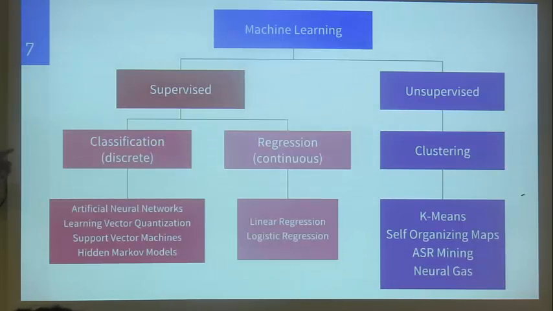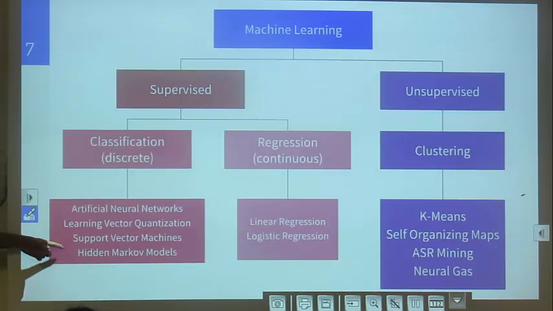So in supervised learning we have classification and regression. In the later slides I'll explain this in a bit more depth. In classification, I think all of you know about artificial neural networks, LVQs, support vector machines, and hidden Markov models.